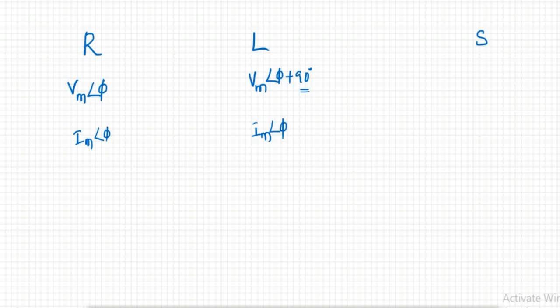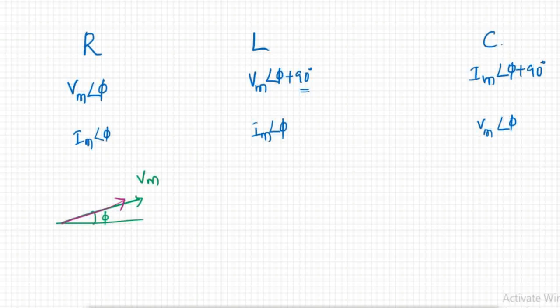In case of a capacitor, what is happening? For a capacitor, it has Im at an angle of pi plus 90 degrees, that is the current is leading the voltage, which has the phasor of Vm at pi. So we can draw the phasors here. If it is Vm at an angle of pi with respect to the reference phasor, then Im will be in phase with the voltage.